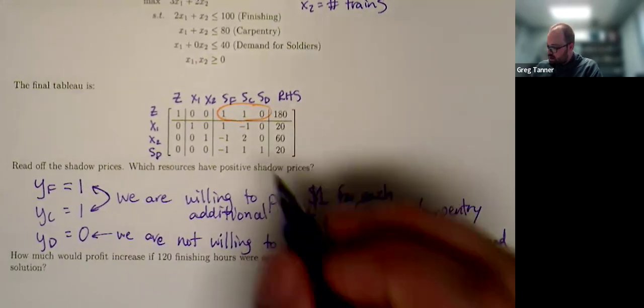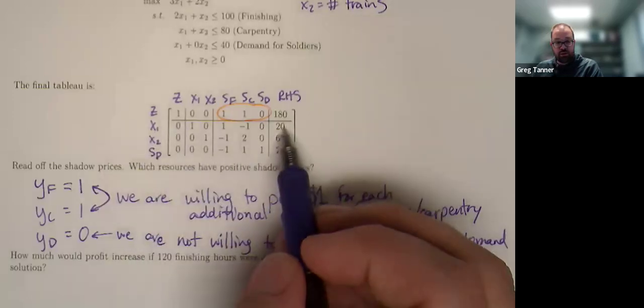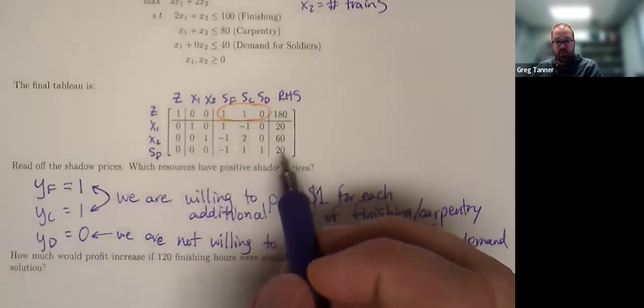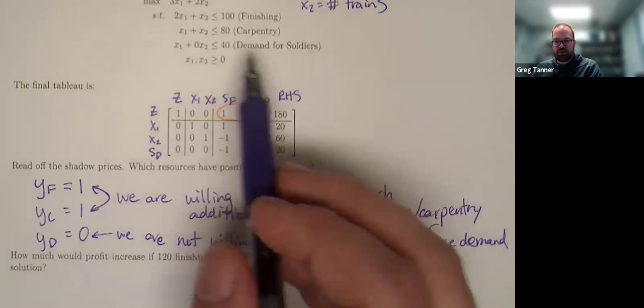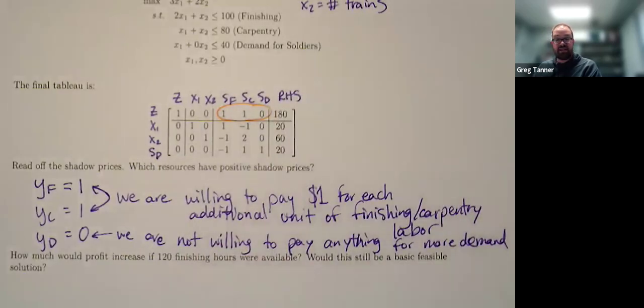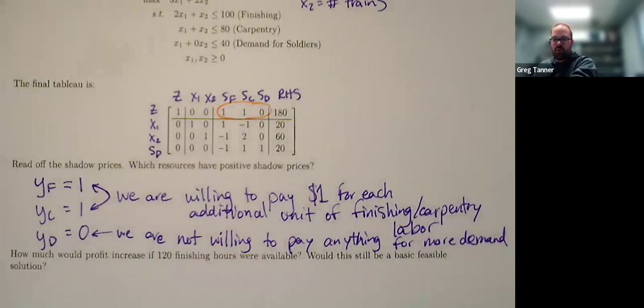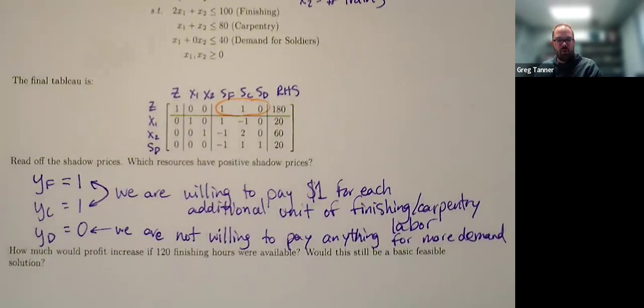Right now, we're making 20 soldiers and 60 trains, and we've got 20 units of slack for the demand constraint. So that demand for soldiers constraint is not limiting our production of soldiers right now. We wouldn't pay anything to get more demand for soldiers. We don't want to start some advertising campaign or anything like that to drum up more demand for soldiers.